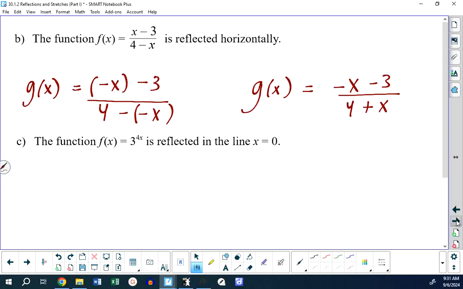All right. f of x equals 3 to the 4x is reflected in the line x equals 0. So I'm switching it up a bit. I'm not telling you whether it's a horizontal or a vertical reflection.